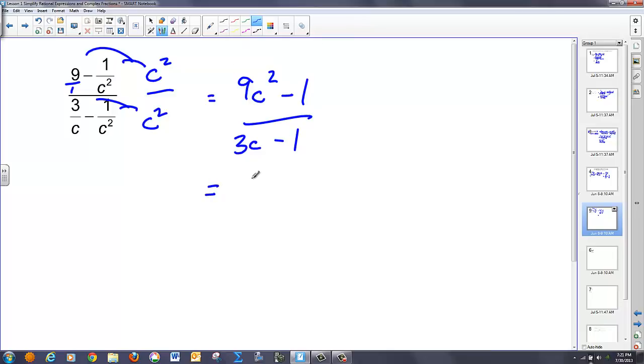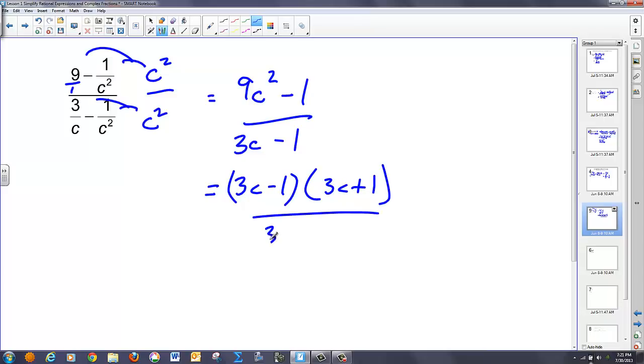It's a difference of two squares, so I have 3c minus 1 and 3c plus 1 all over 3c minus 1. So in this case I have the exact same term in the numerator and denominator, so these factors are going to reduce, leaving me with 3c plus 1.